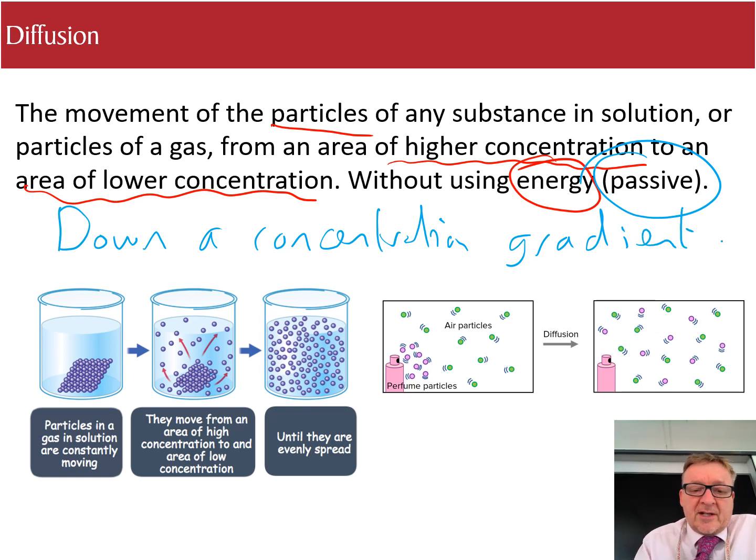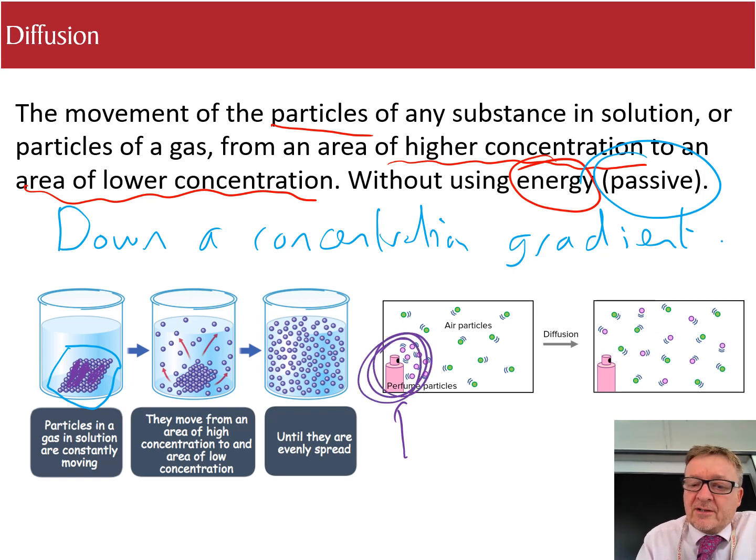Two examples here: I've got little purple blobs in a liquid. Over time they move from an area of high concentration, which is here, to an area of low concentration, which is everywhere else in the beaker. And in a gas, somebody walks in and sprays perfume, and you've got a high concentration here, and the particles spread out by diffusion, going from a high concentration to a low concentration, but it's passive.